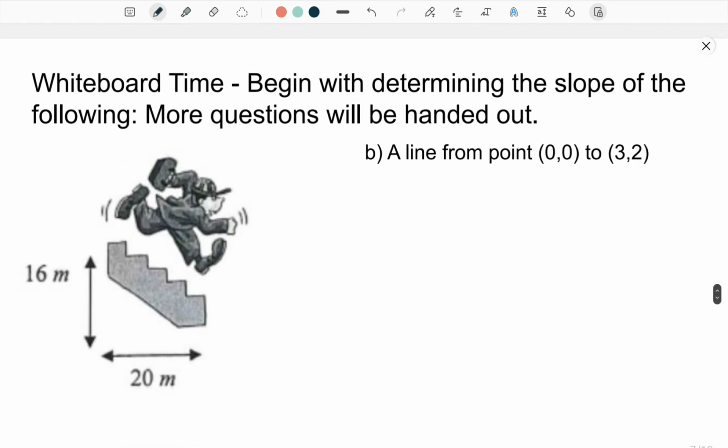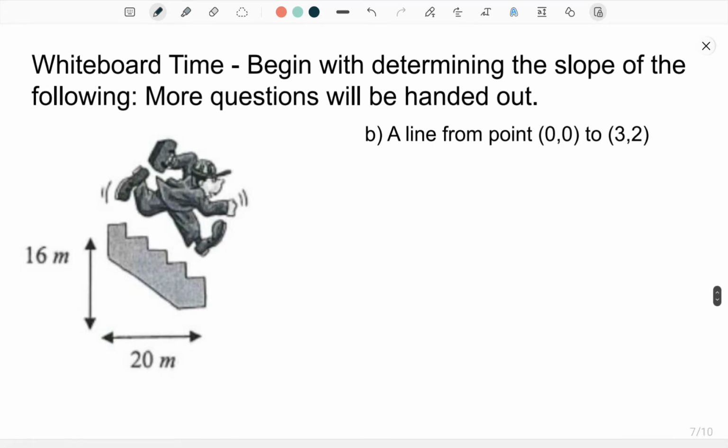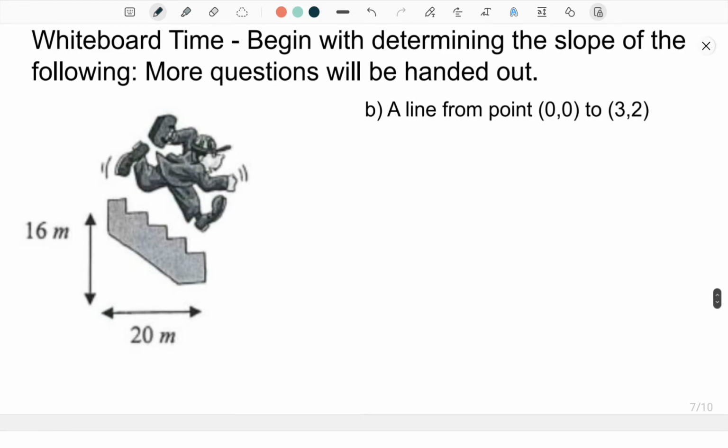If you aren't in class, we're going to be doing some stuff on the whiteboard, but I will just go through these examples in this lesson here. Okay, so again, here we have a rise and a run. One thing we have to be careful about, though, is in this case, as you're going to the right, you're going downwards.